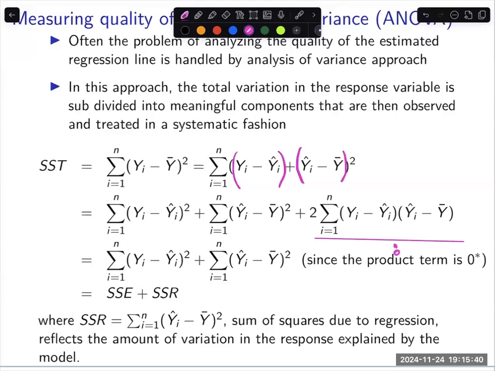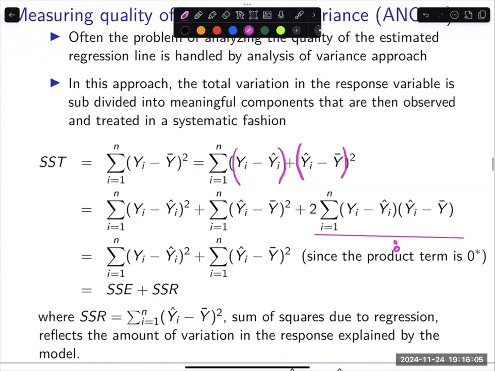The first one we already explained is the sum of squares of the error term, or sum of squares of residuals. The second term, yi hat minus y bar, represents the variation that can be explained by our model, while yi hat is the prediction from the model.